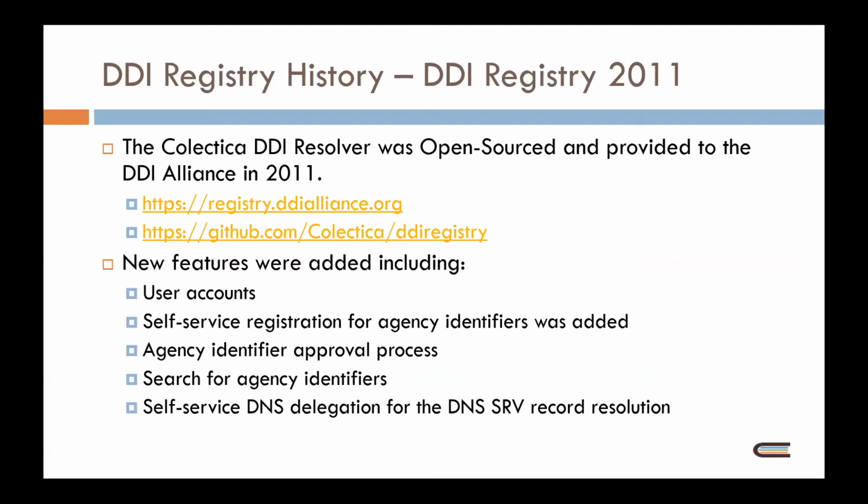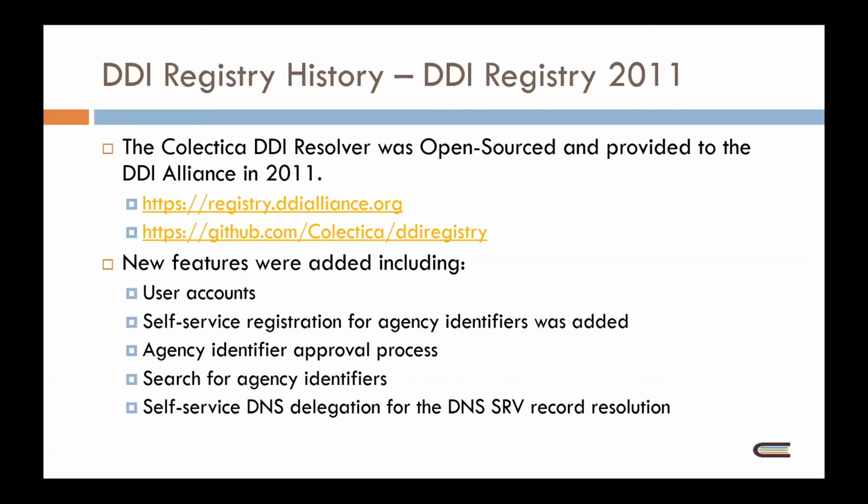This included adding individual user accounts to the DDI registry, self-service registration for requesting new agency identifiers, and an approval process for the DDI Alliance to approve requested agency identifiers. It allowed you to search and find which organization or individual was the owner of an agency ID.